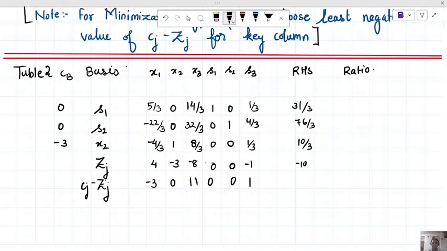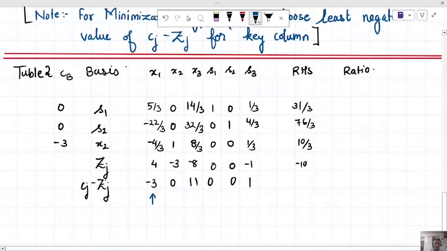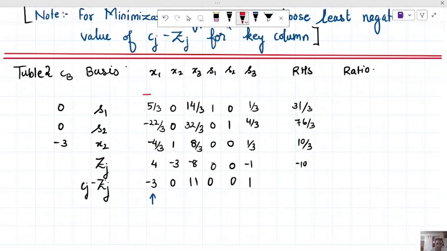Now comes the choice of the key row and key column. As we saw, we choose the least negative, so here I can see minus 3 is the least negative, so this is my key column, and therefore we now calculate the ratio.